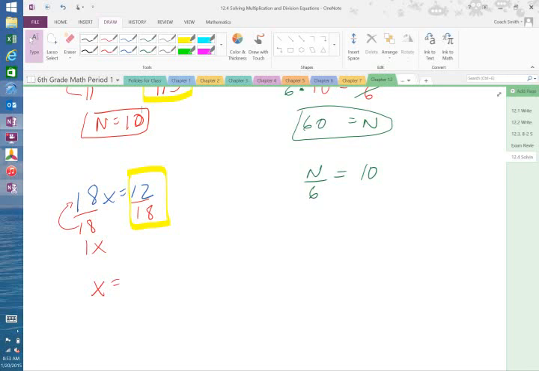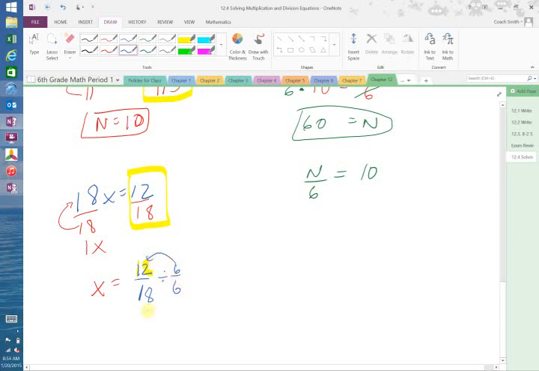Okay? X is equal to 12 over 18. The only thing I have to do is, can that be reduced? Does 12 over 18 have a common factor between the numerator and denominator that you can reduce it by? Isaac? Okay. I can divide it by 6.